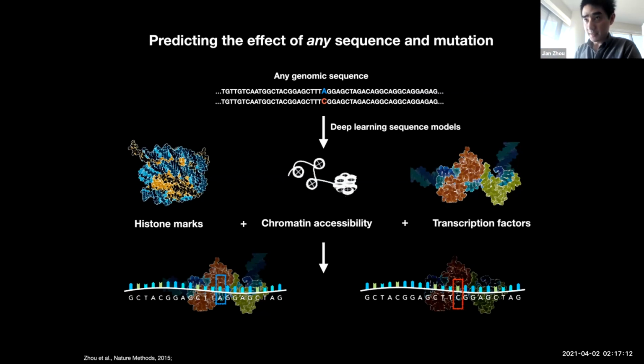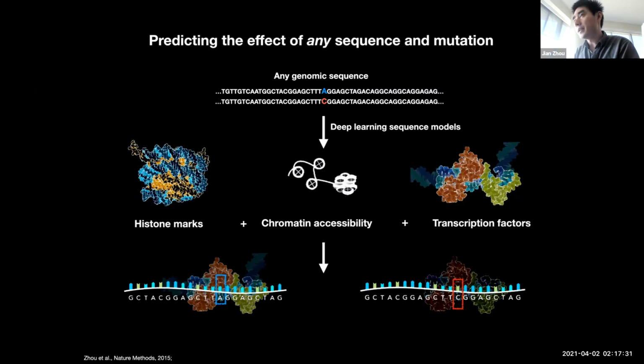For example, in this case, we want to predict the effect of changing this nucleotide from A to C. Then we can give the model two sequences that only differ by this one variant, right? And then we can look at the two sets of predictions from the model for each of those variants.